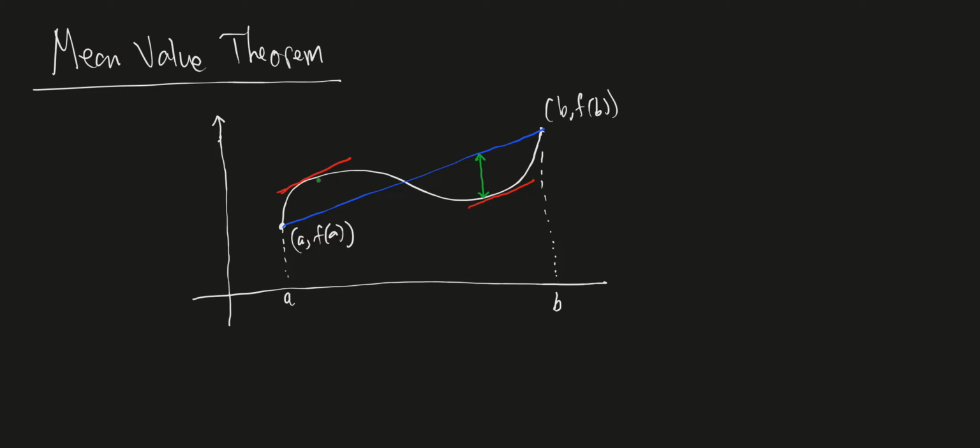So that distance there, that distance there. Notice how that vertical distance varies. It itself is a function. Depending on my value of x, the difference between the secant and the function will vary, and that particular function I'll give a name.